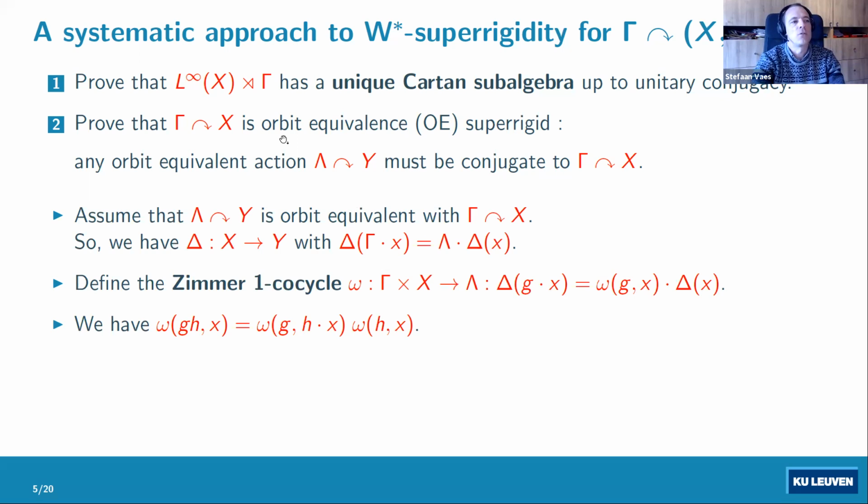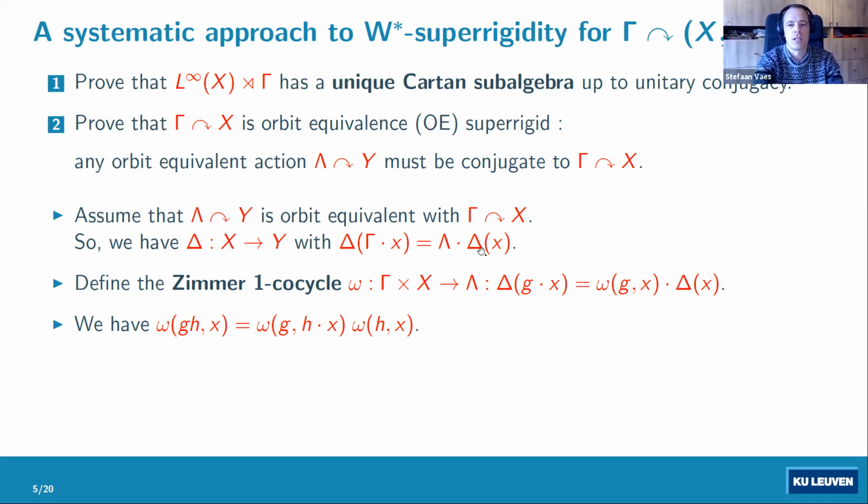Now that also follows a typical path, but with one difficult step, of course. How can you ever try to prove this, that you can recover a group action from the equivalence relation? Well, you assume that another action is orbit equivalent. So you are given an isomorphism of the spaces sending orbits onto orbits almost everywhere.